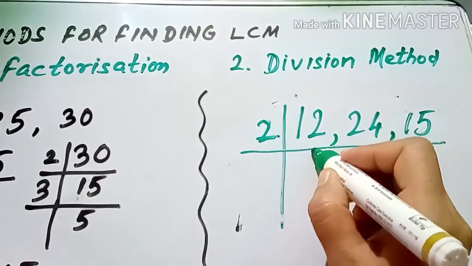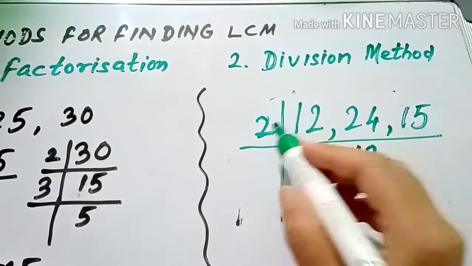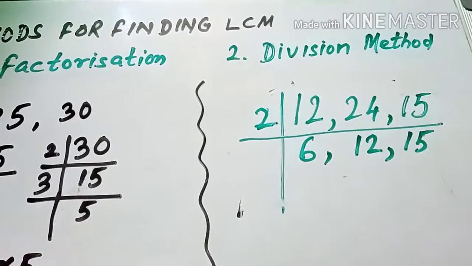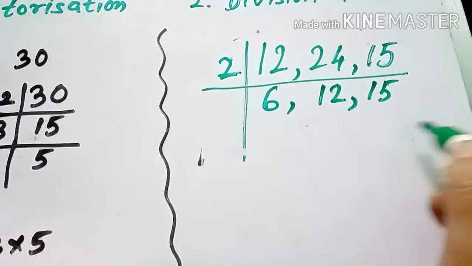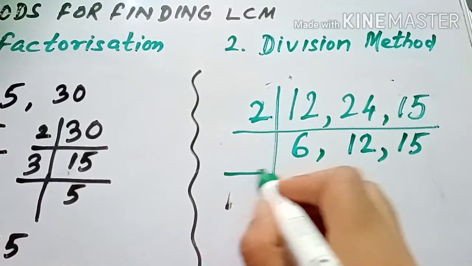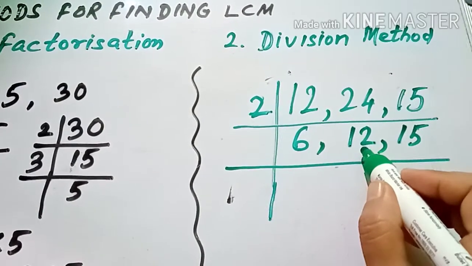Now 2 6s are 12, 2 12s are 24. Is 15 divisible by 2? No. So we continue by carrying it forward. This is what the meaning is in your definition mentioned, carry forward. Then again you think of a factor which can divide at least 2, right?